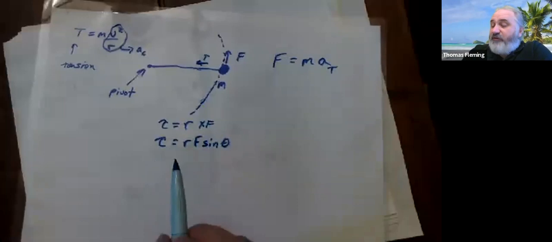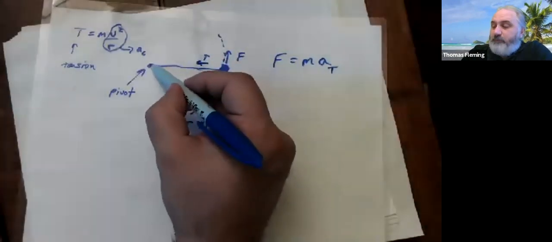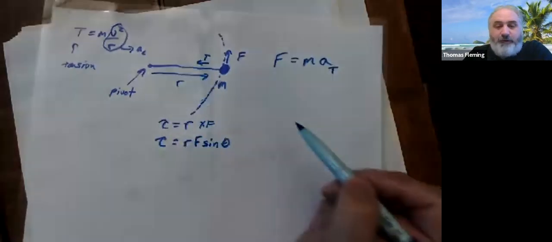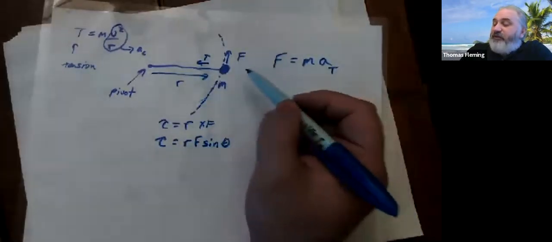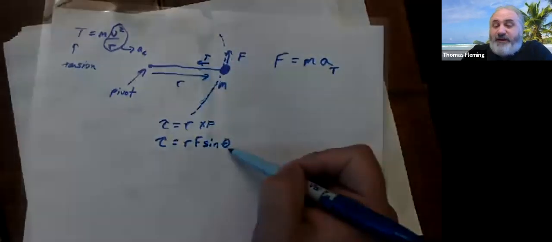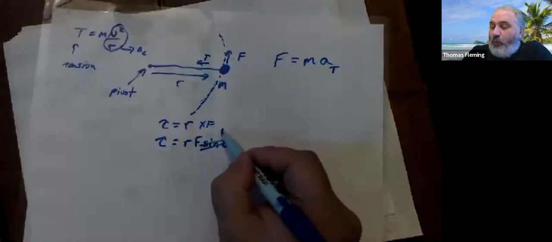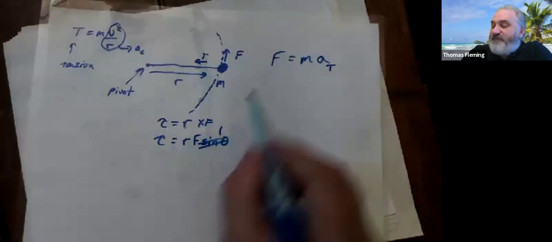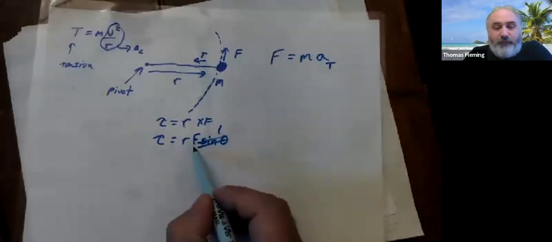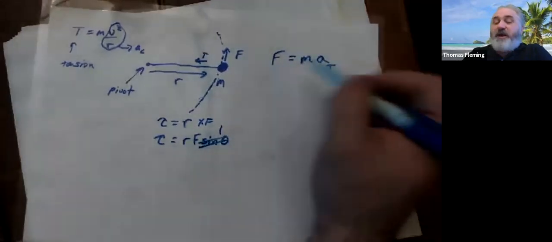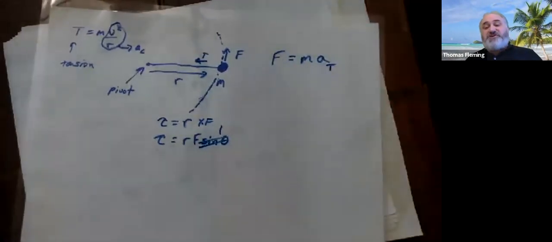Now, the thing that I notice here is that R is a vector that points from the pivot to my mass. So R is this guy right here. And I notice that in this setup, R and F are perpendicular, which means the angle here is 90, and the sine of 90 is conveniently just 1. So if I want to replace F with torque, instead of having F, I need to have R times F. And that's easy to pull off. All I got to do is take this equation, and if I multiply both sides of that equation by R, it's still true.